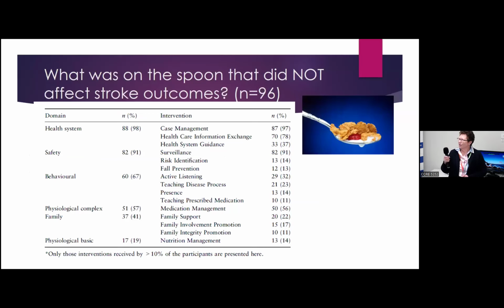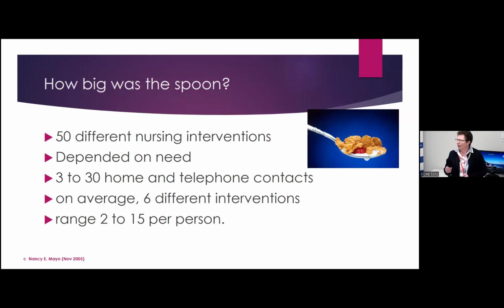And so this is what was in the box: health system, case management, health information exchange, guidance, surveillance. Good stuff, but not enough to change the outcome of a person with stroke. They had 50 different nursing interventions, dependent on need, 3 to 30 home and telephone contacts, on average 6 different interventions, a range of 2 to 15 to 30.